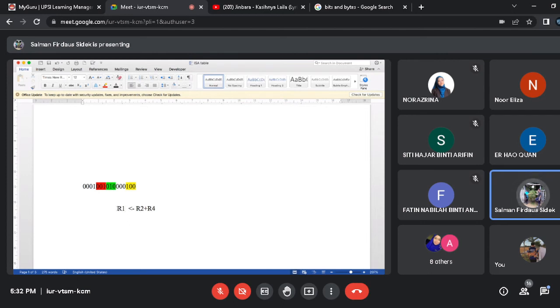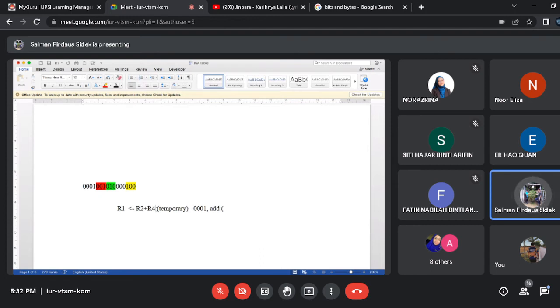So this is the temporary register in the CPU. This process is executed in the CPU, because it is addition. 001 is add. Which component is involved in the addition process?